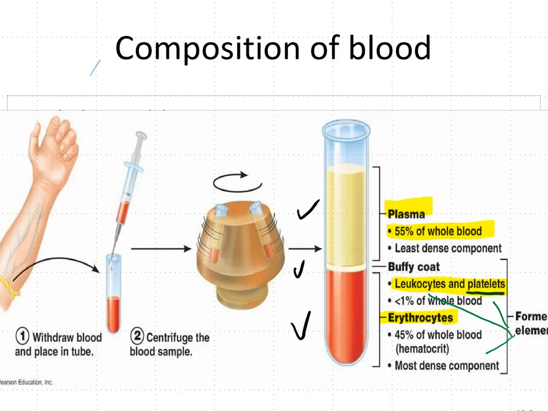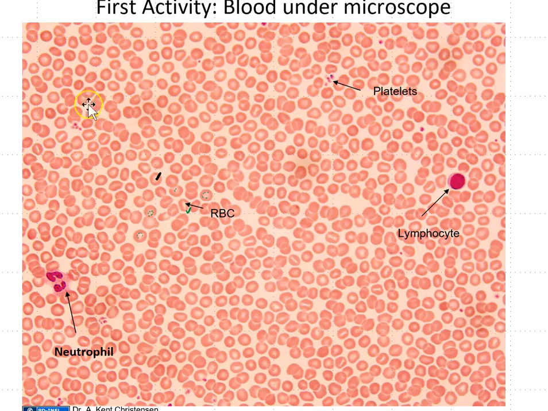But we should see blood under a microscope. If you look at blood under the microscope at low magnification, you can see a picture like this. These small roundish pinkish cells are red blood cells.